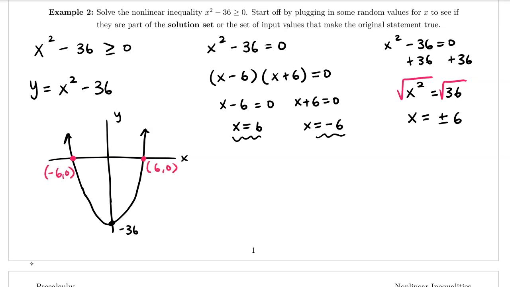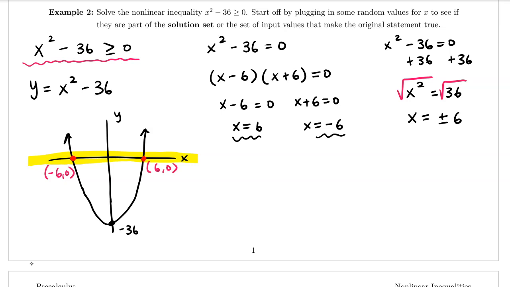So now what we're doing is, again, we're going back to this original inequality, and we're asking ourselves, when is our graph of our parabola greater than or equal to 0? And 0 is the x-axis here. So I want to know, when is my graph of the parabola above the x-axis? For what x values?